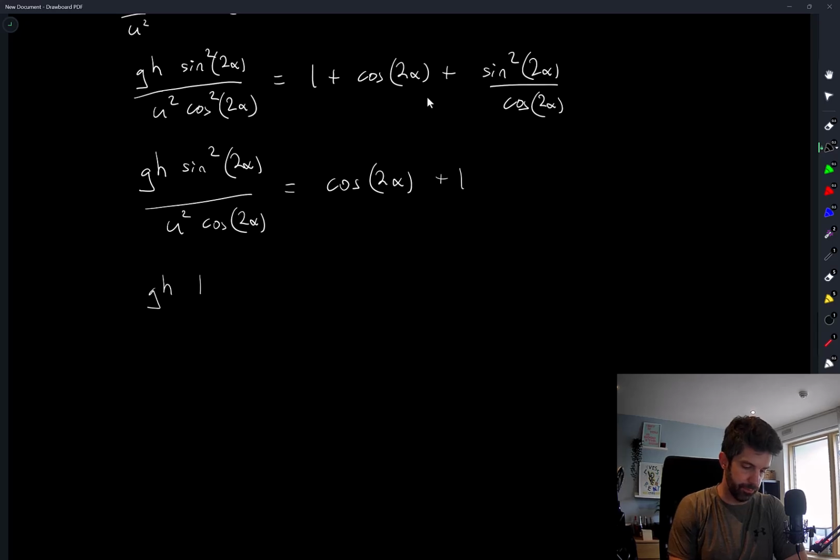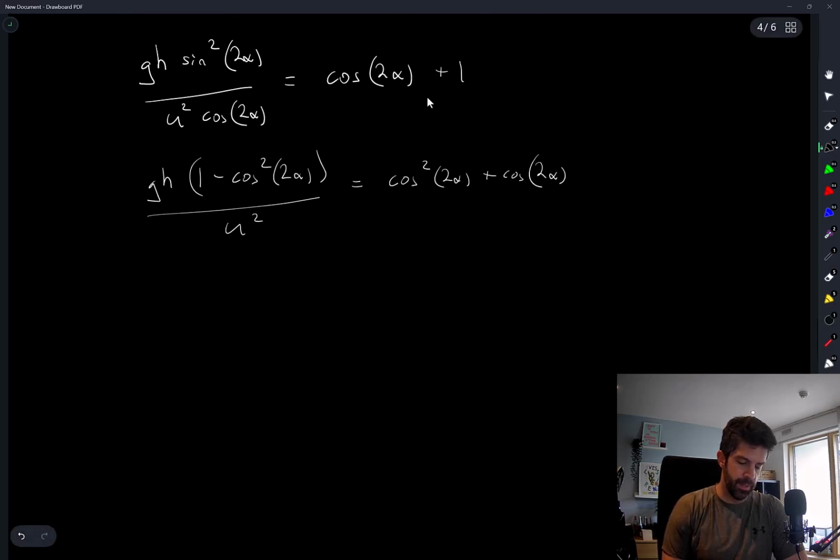I'll also replace this with 1 minus cosine squared 2 alpha. Now we could treat this as a quadratic expression.